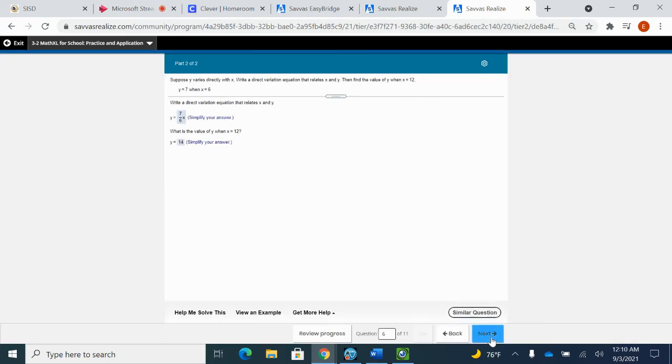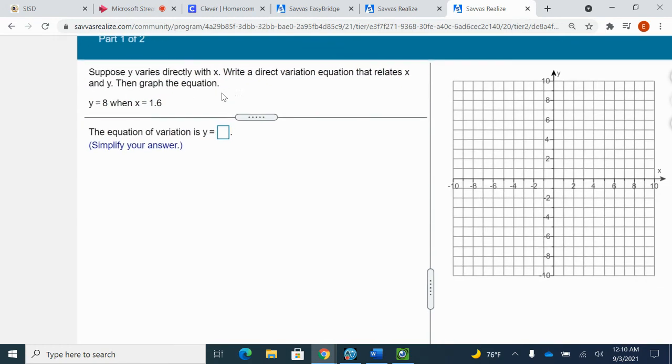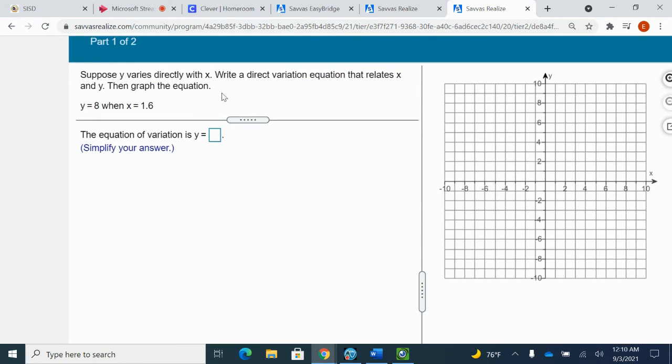All right. Let's go to problem number 7. Problem number 7 says, suppose y varies directly with x. They want you to write the equation of the direct variation and graph the equation. So here we'll first find out the equation.